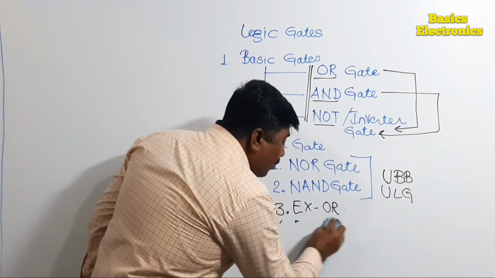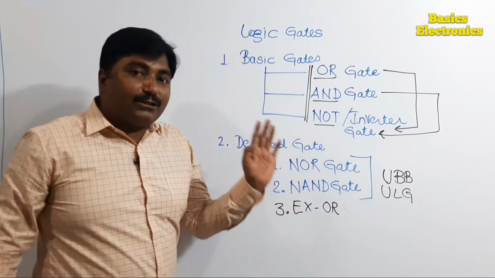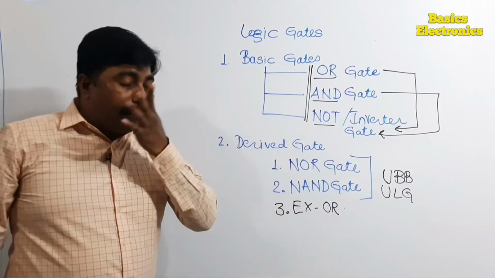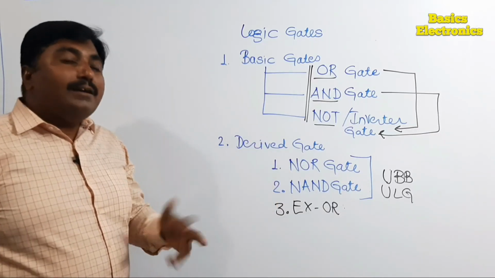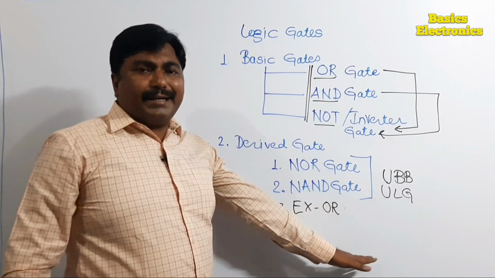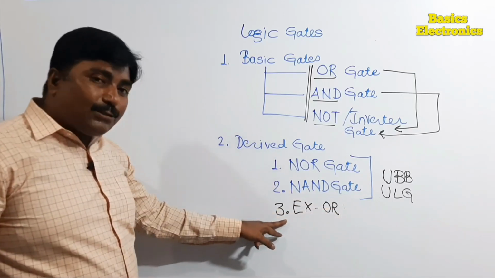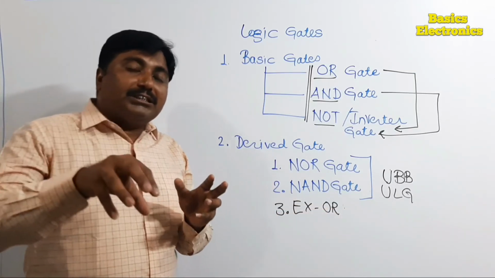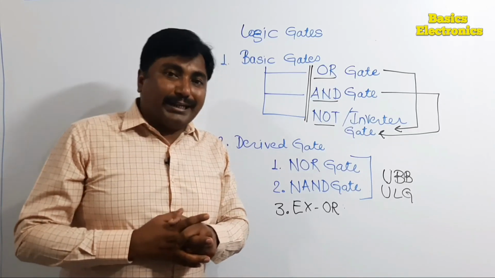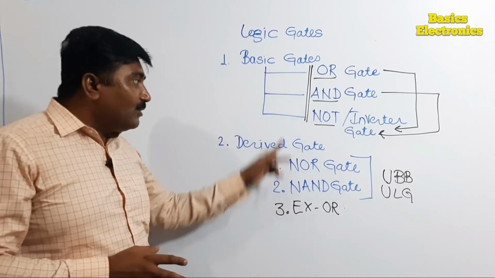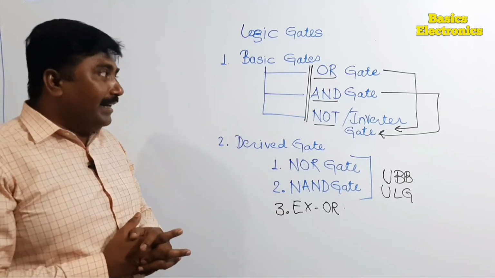I am considering only 6 gates, excluding the XOR gate and XNOR gate, because the XNOR gate is constructed using the XOR gate, and we construct it when we need it. So we will consider all these 6 gates in detail.